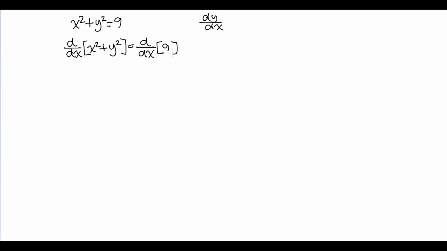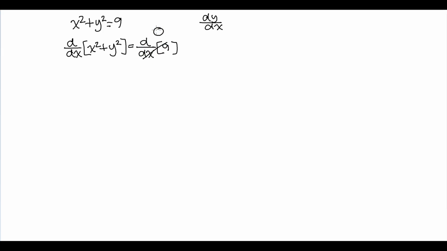The derivative, the slope of the equation at that exact point. On the right side, the derivative of 9 will just equal 0, so we're not even going to have to worry about the right.